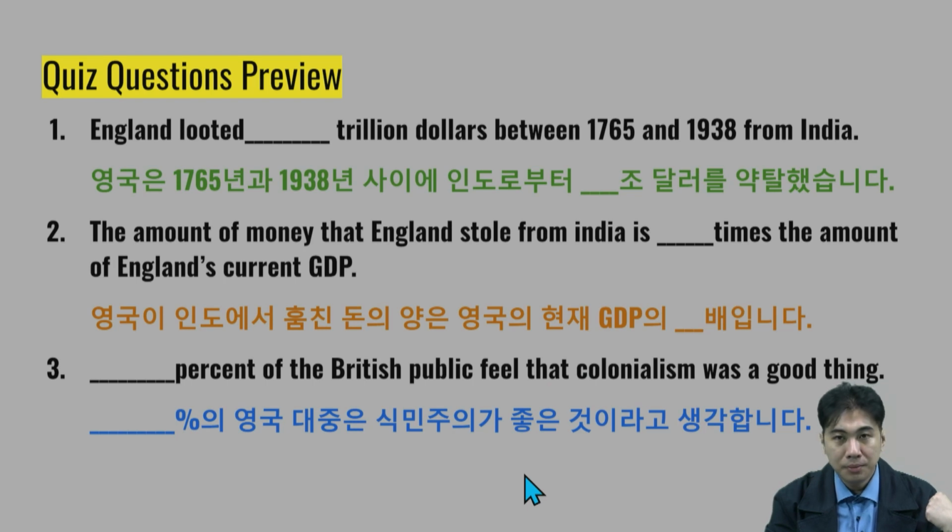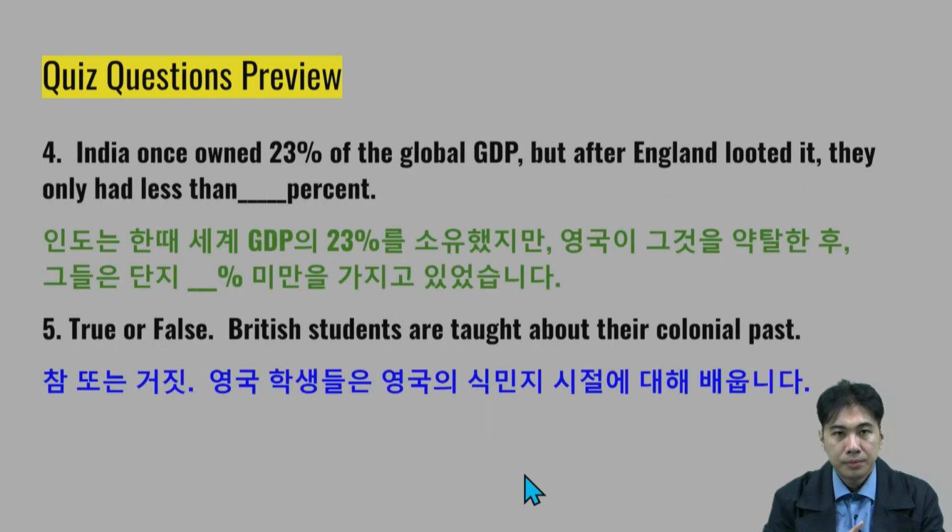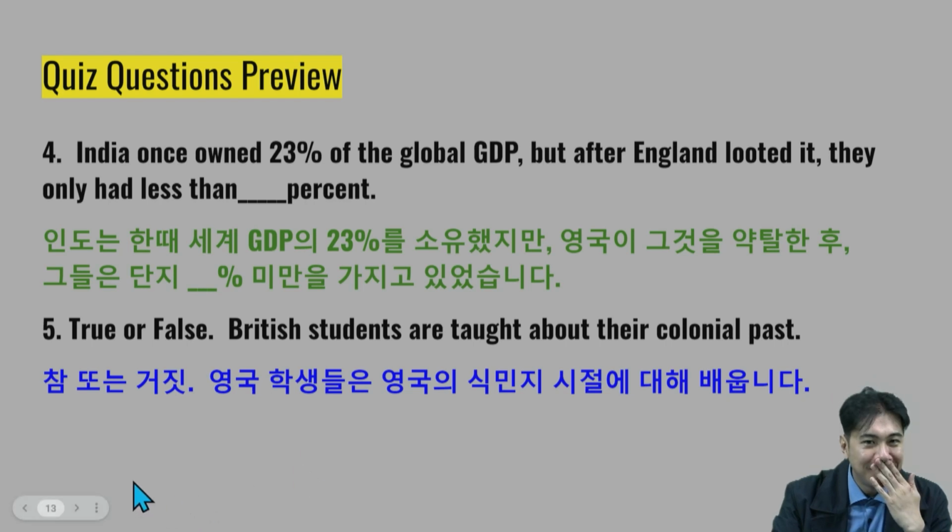Number four, India once owned 23% of the global GDP, but after England looted it, they only had less than blank percent. Whoops!